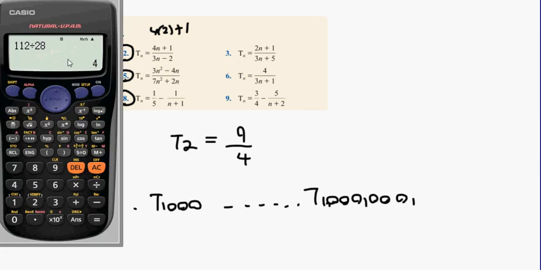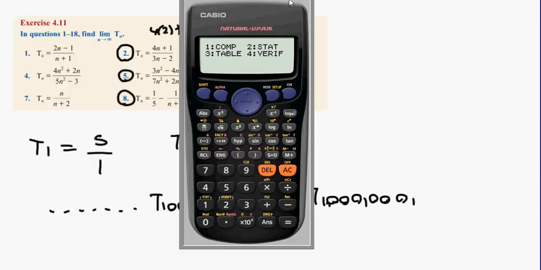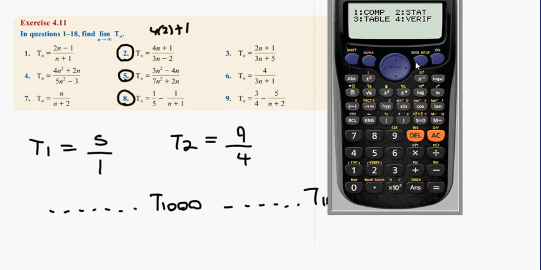So an example would be, if I was to put this formula, and this is for all the terms, into the table function on the calculator, I'd press the fraction button at the start, table, and enter 4x plus 1, divided by 3x minus 2.